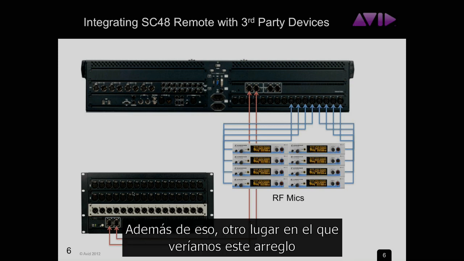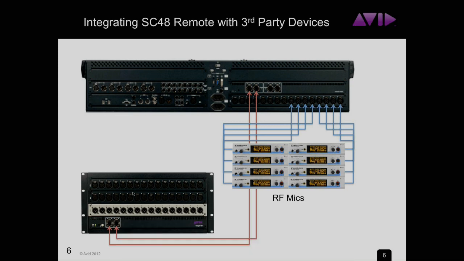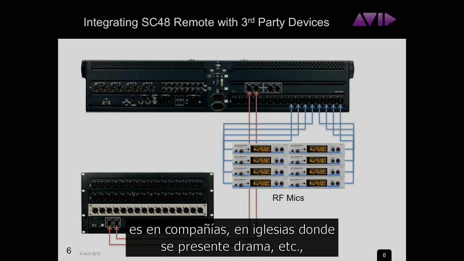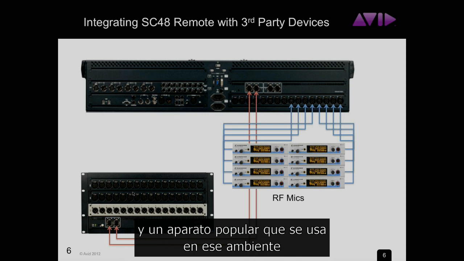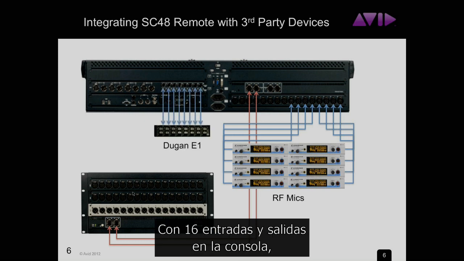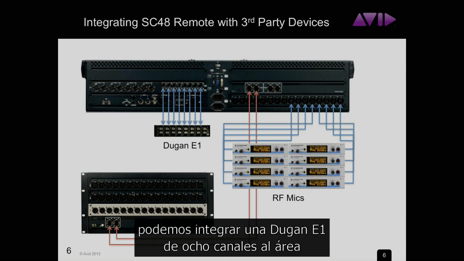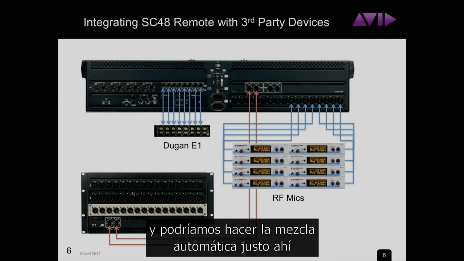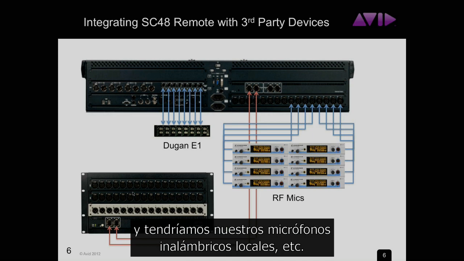In addition to that, another place that we might see this kind of setup sometimes is in corporate or places where in churches where we might have drama, et cetera. And a very popular device to use in that setting is a Dugan Auto Mixer. Well, with that IO16 installed in the console, we can easily integrate an 8-channel Dugan E1 into that area and be able to do the auto mixing right there and still have all of our RF mics locally.